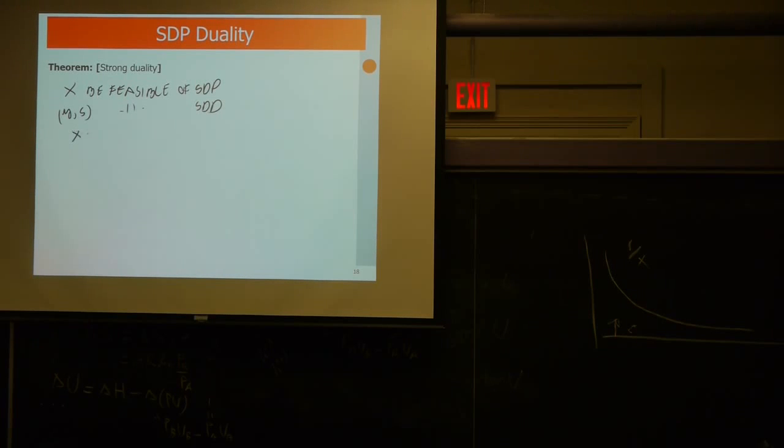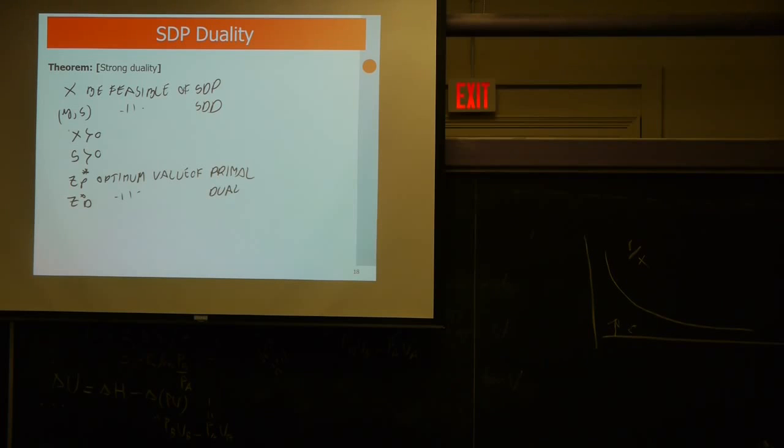And now let x be strictly positive definite, so not just semi-definite, and let this S be strictly positive definite as well. Then you can prove that, say, p star is the optimum value of the primal, and d star is the optimum value of the dual.